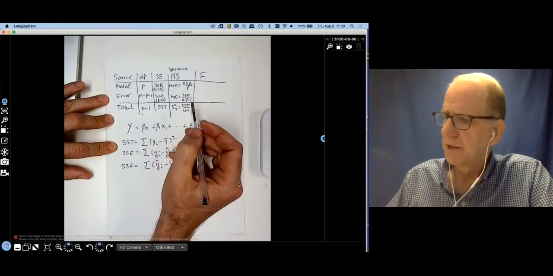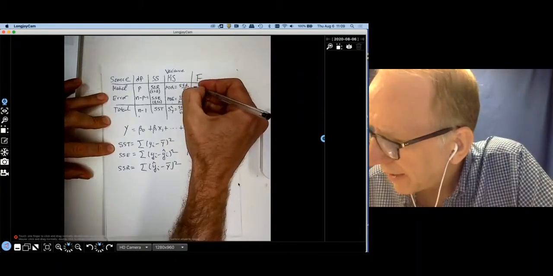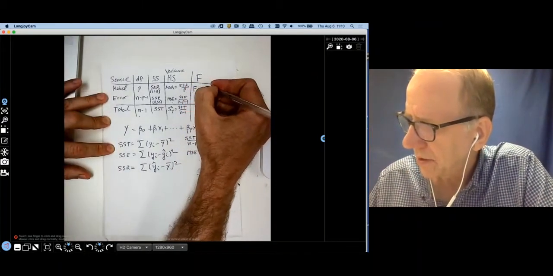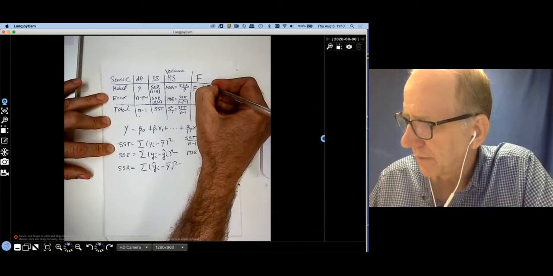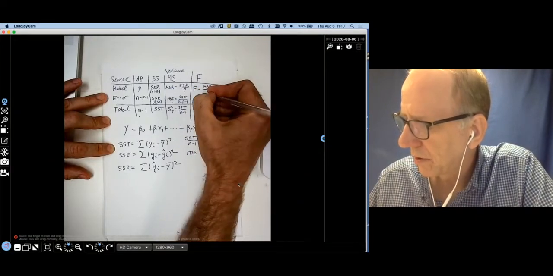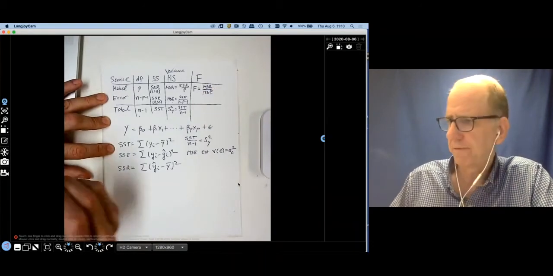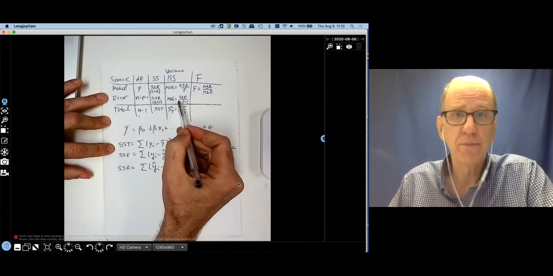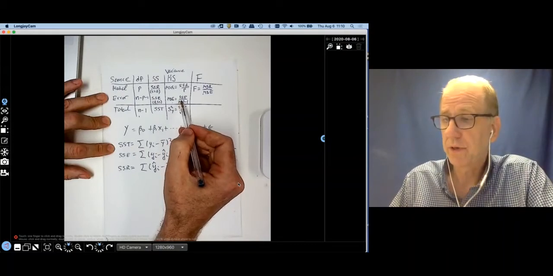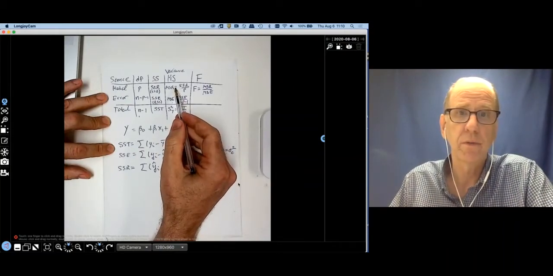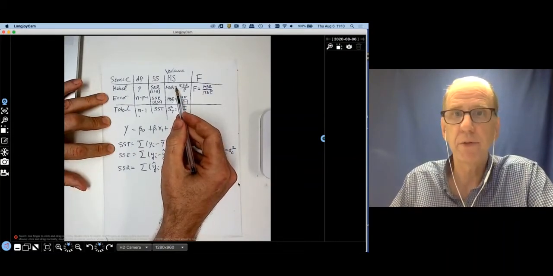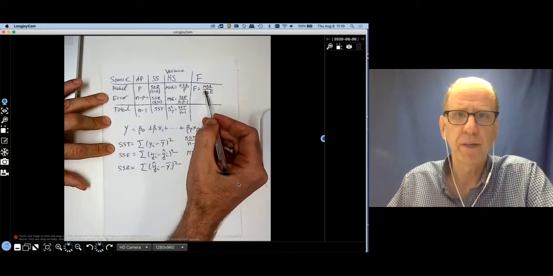All right. So our F statistic is a ratio of the mean squared regression over the mean squared errors. And so if the errors are very small, if the amount of variance in my errors is very small relative to the variance of my fitted values or the model, then F is big.